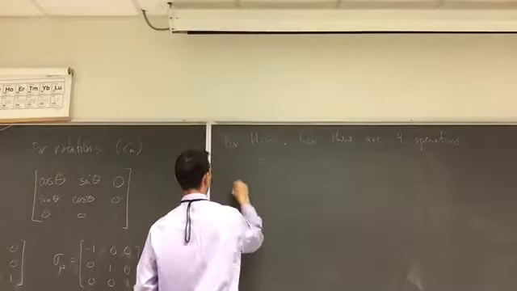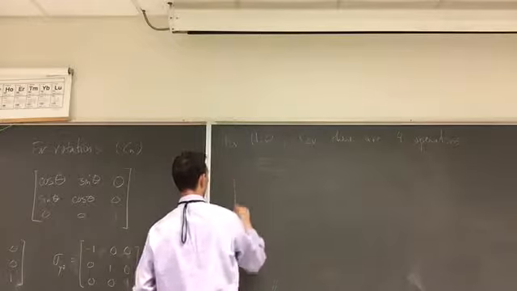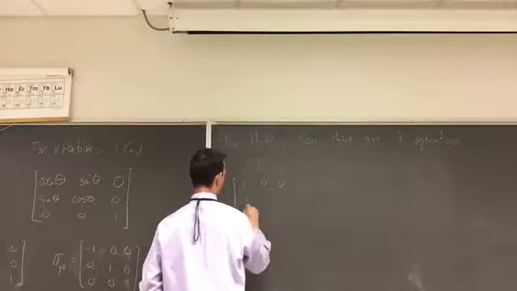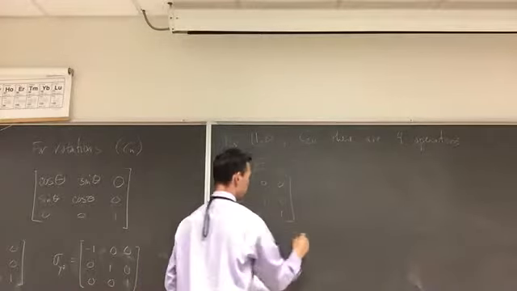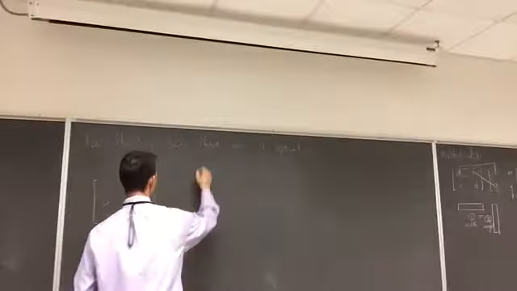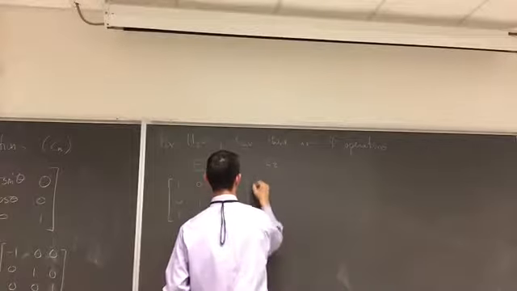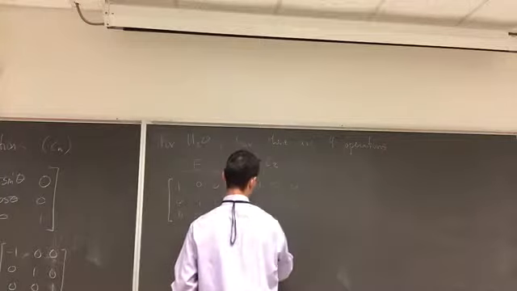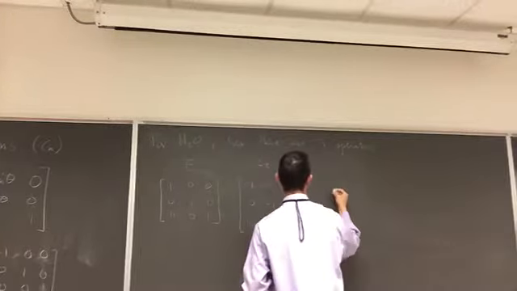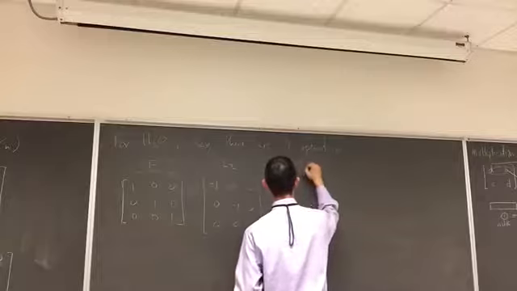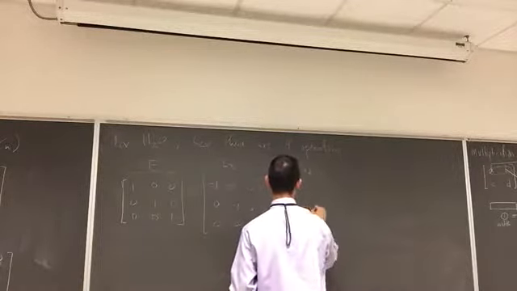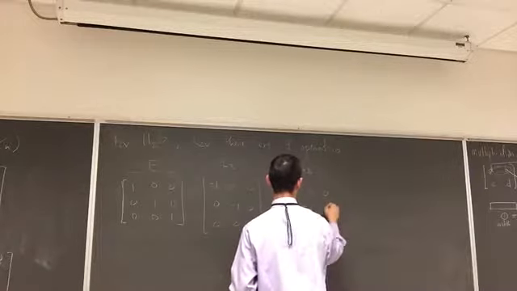There's the identity, E. The identity matrix is just positive 1s on the diagonals. There's the C2 operation, which is the negative 1, negative 1, 1. And then there are the 2 mirror planes. There's the sigma xz, which is 1, negative 1, 1 along the diagonal.